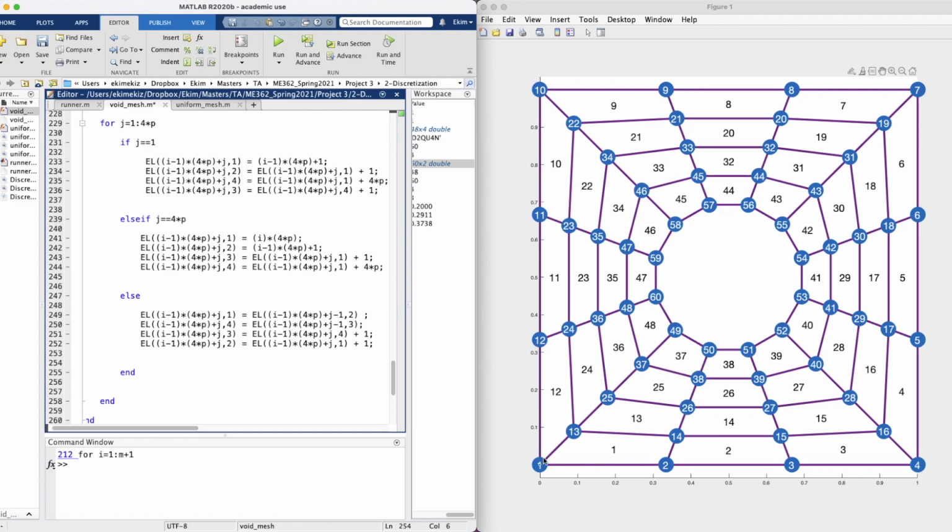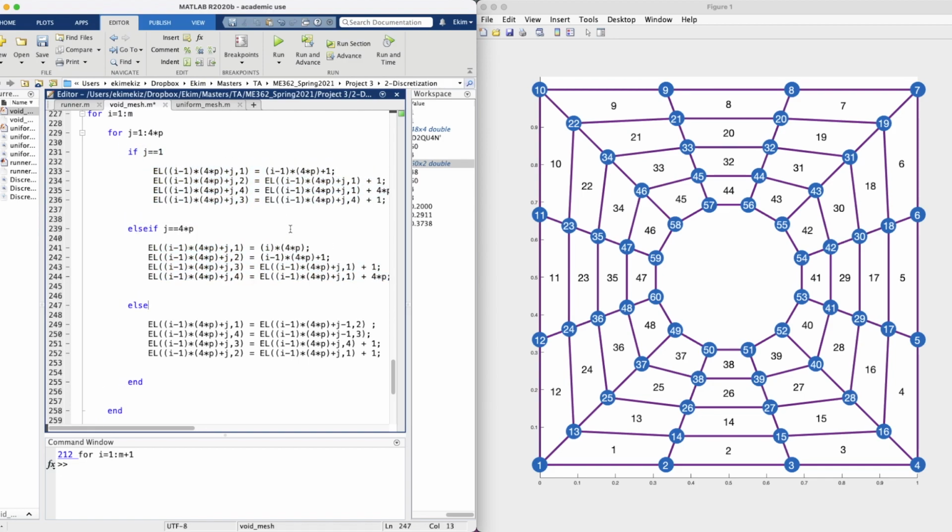But now it's not like that. First node plus 1 is actually our third node now. And similarly, the third node being equal to the fourth node plus 1 doesn't work either. So the only exception to this rule is the first elements and the last elements of each row. So that's why we need to check for those.